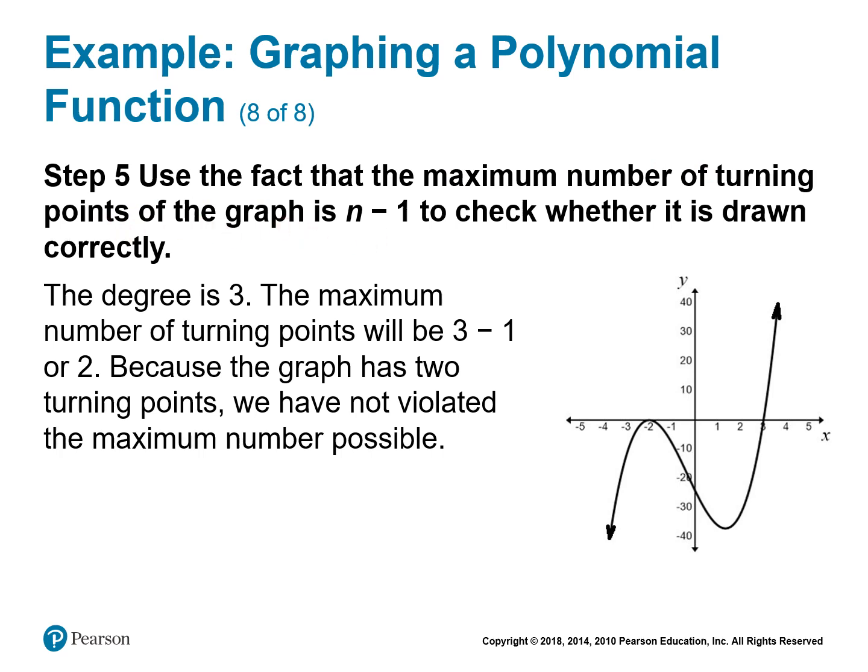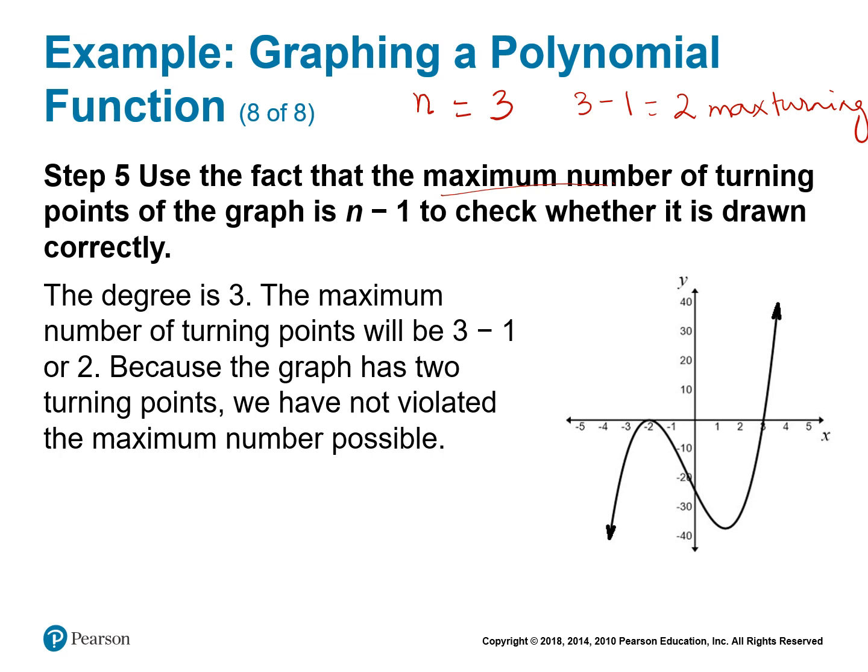Recall that the value of n that we use to determine the end behavior is the same value of n, which was n equals 3, correct? So the maximum number of turning points would be 3 minus 1 equals 2. It could be less than 2, but 2 is the max.